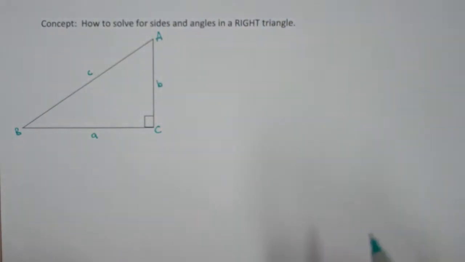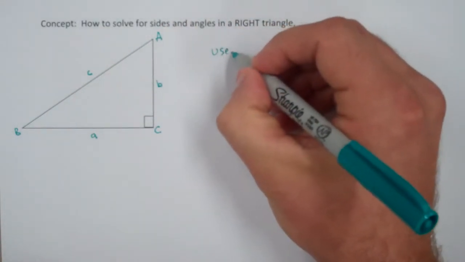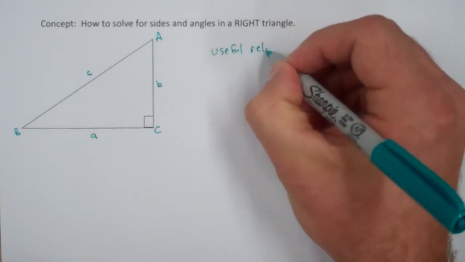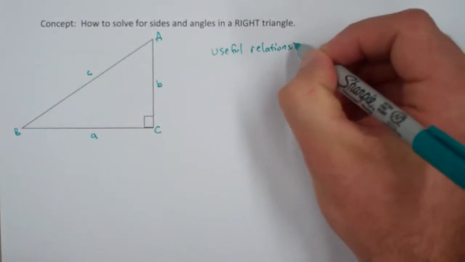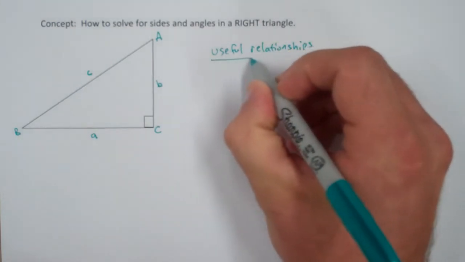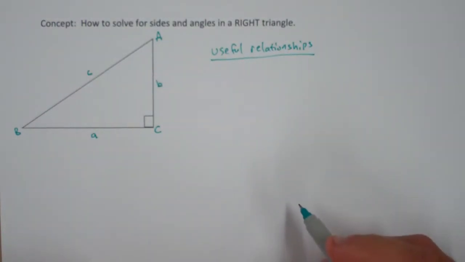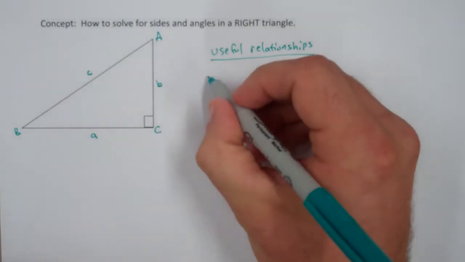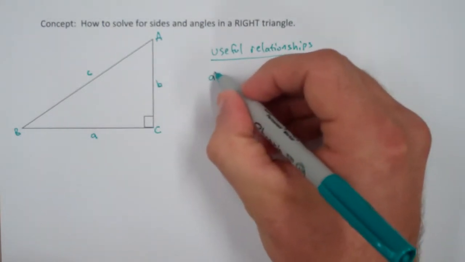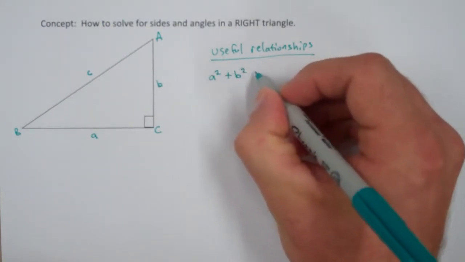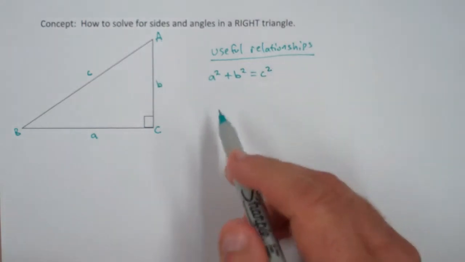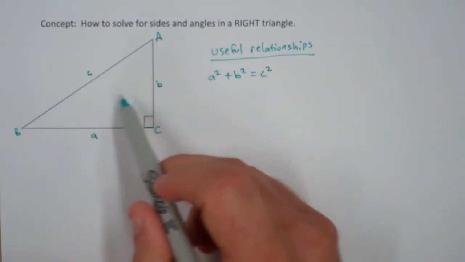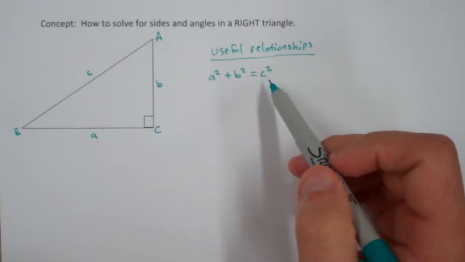Alright, we're going to talk about some useful relationships here, and some of these again might be repeats for you, but it's nice to have them all written down in one piece of notes. One thing we can use with a right triangle is a squared plus b squared is equal to c squared, when a and b are the legs and c is the hypotenuse. That's important.